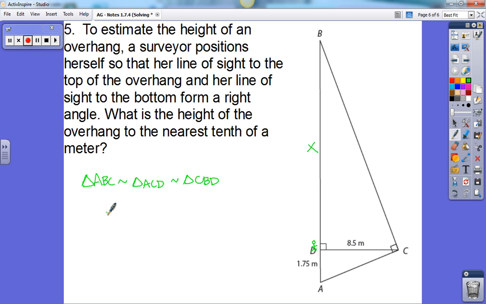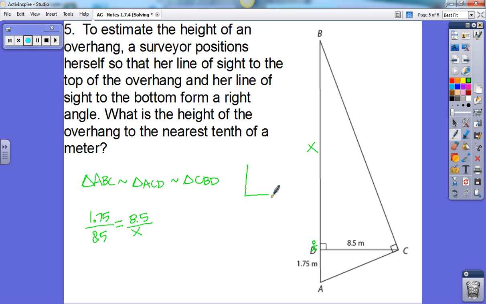So I'm going to set up my proportion. I've got 1.75 over 8.5 equals 8.5 over x.